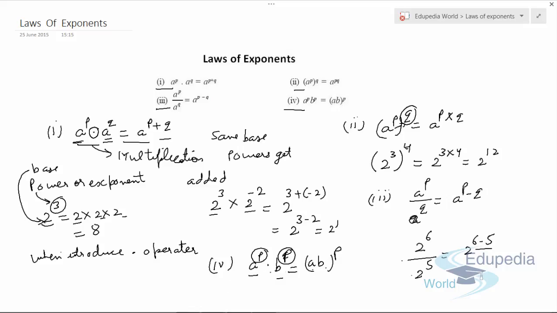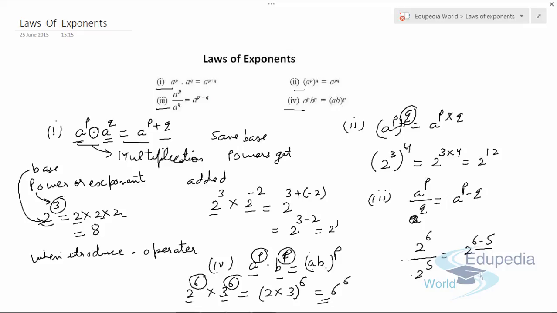Let me explain this also through example. Suppose we have 2 raised to power 6 into 3 raised to power 6. Clearly in this example we have different base but same power, 6. So what we can do is multiply these two bases, 2 into 3, and keep power 6 as the complete power. So the answer will come out to be 6 raised to power 6.